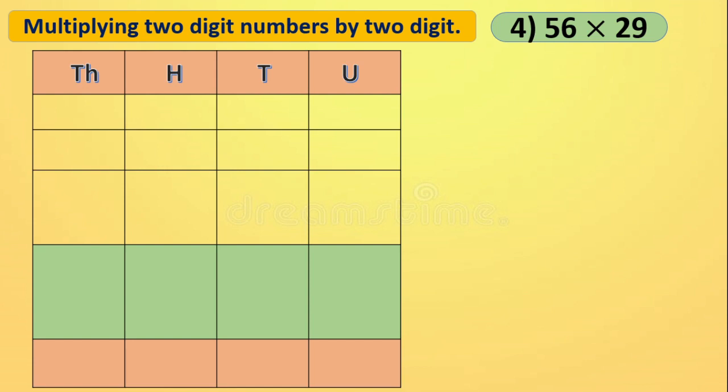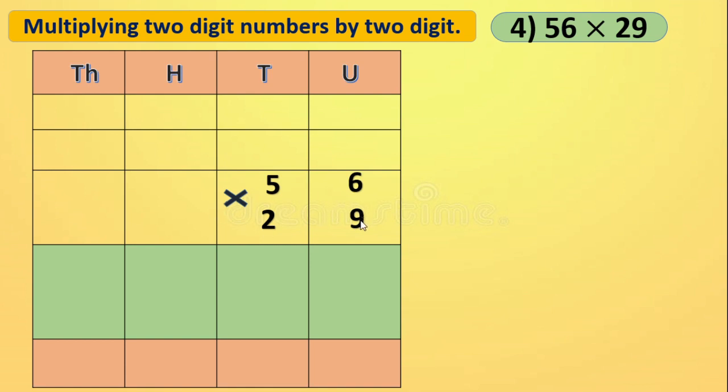Okay, you know that after 100, the 1000 column will be there. Okay, now we will write according to the places of these numbers. 5 in the tens column and 6 in the unit column. Right? Multiplied by 9 in unit column and 2 in the tens column. Remember this? How we have written? Please go through this properly.